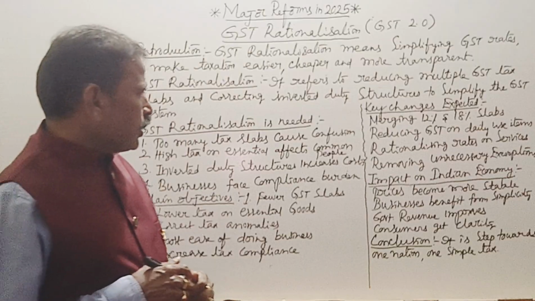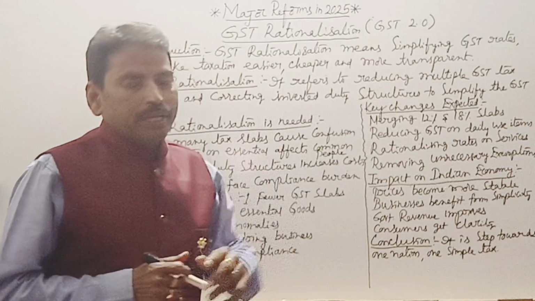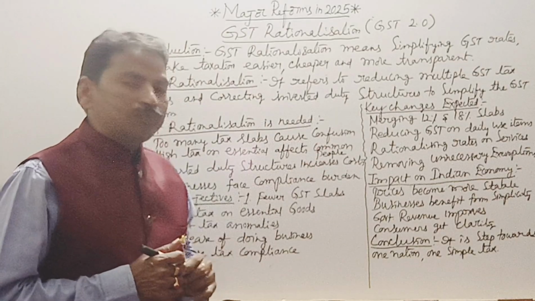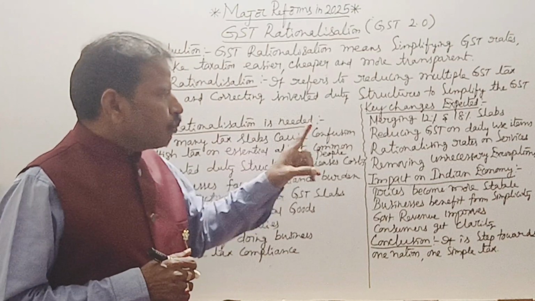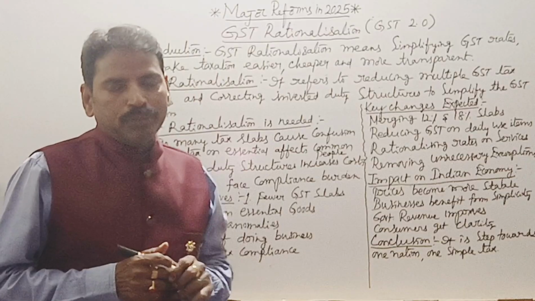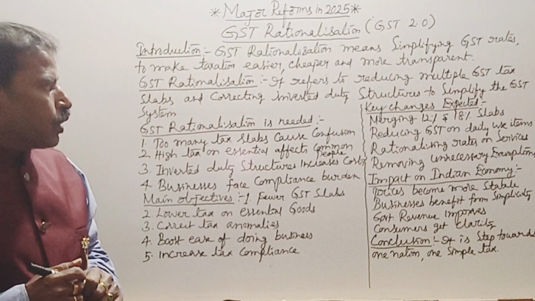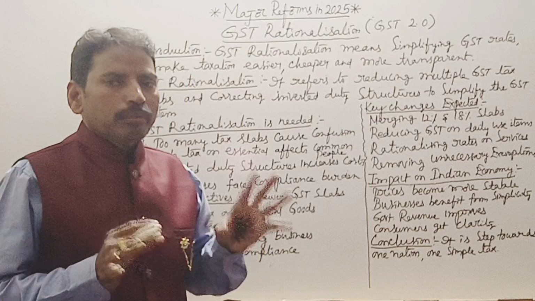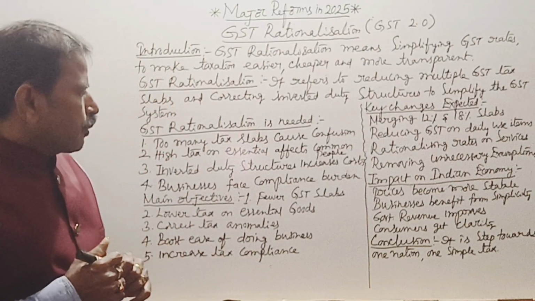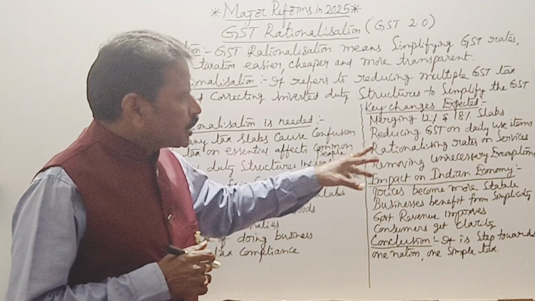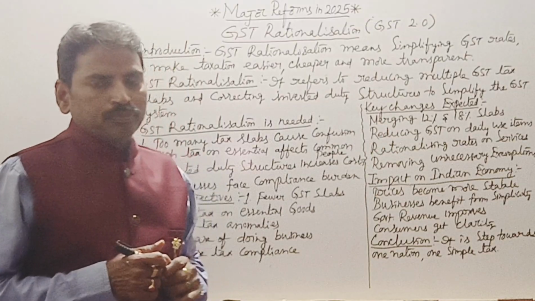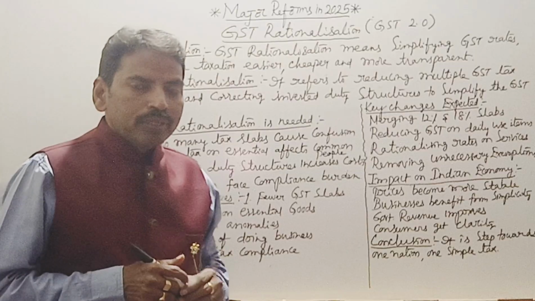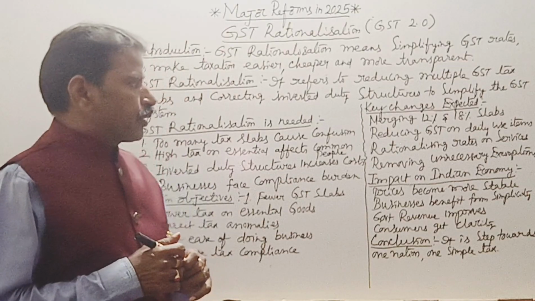Next, key changes expected. The key changes expected are merging the 12% and 18% slabs. Next, reducing GST on daily use items.